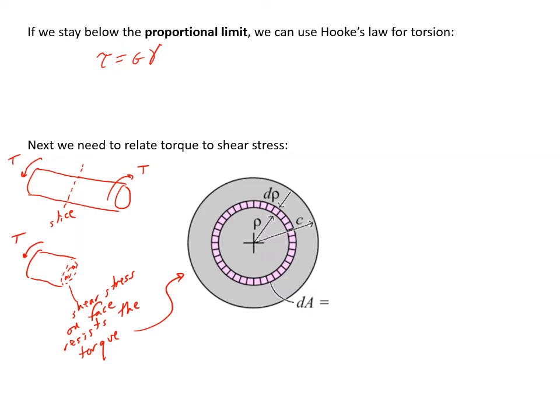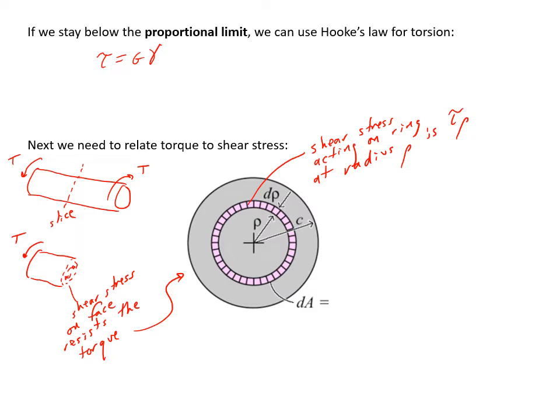So we're going to say that the shear stress acting on that ring at radius rho is just tau rho, okay?